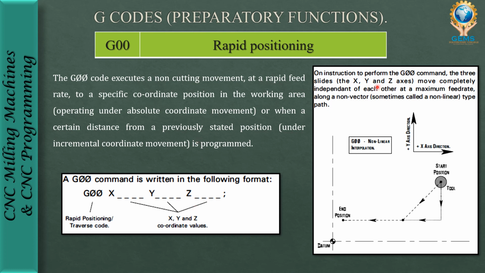For example, on an instruction to perform a G00 command, the three slides move completely independent of each other at a maximum feed rate along a non-vector type path. So the tool will come to the desired location at a very rapid speed.